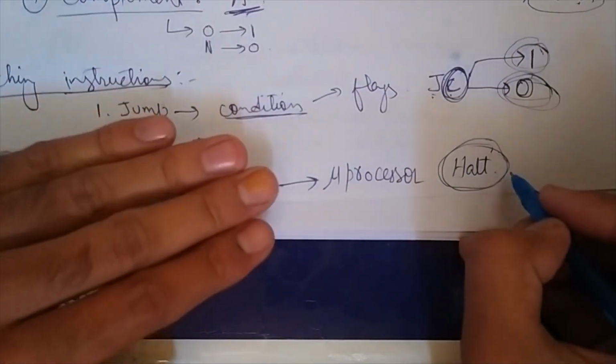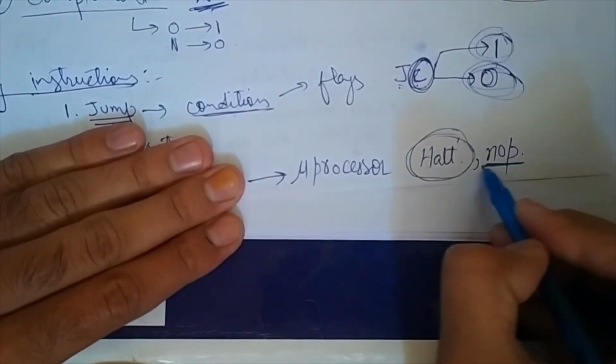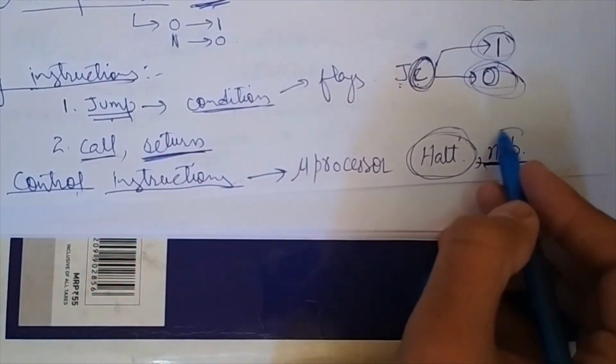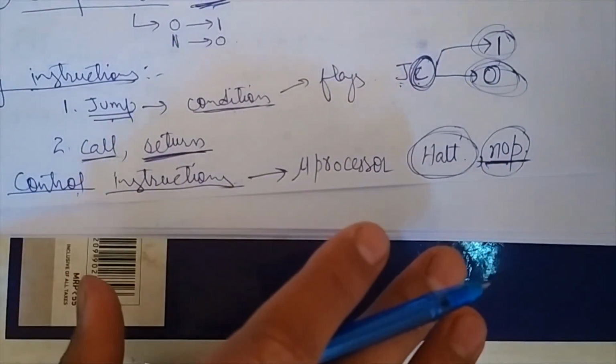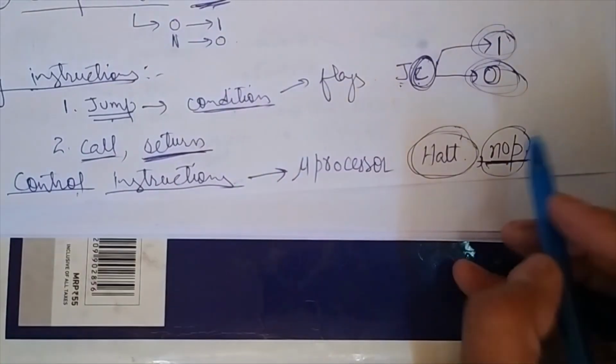Or there is another instruction, NOP, no operation. It informs the microprocessor not to do anything, do nothing. You are working, but during your working mode, do not update any register or any memory. That is the NOP instruction.